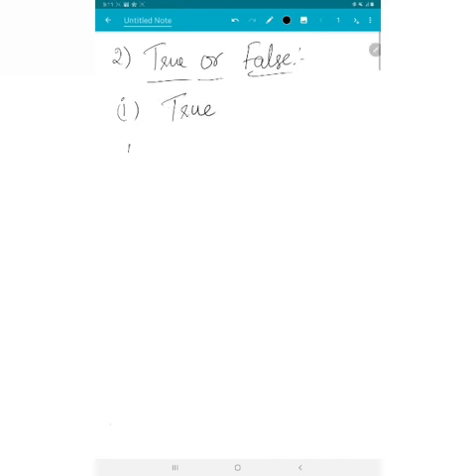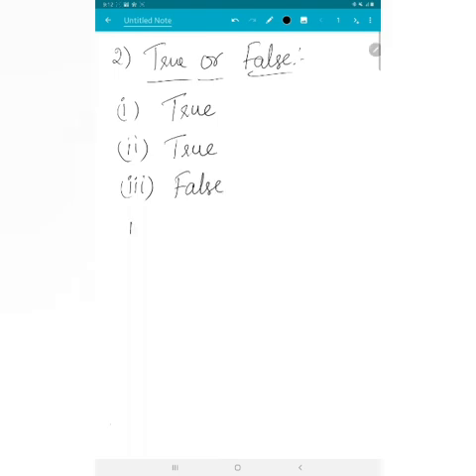Second question: a square number will not have an odd number of zeros at the end. Yes, it is true. Then the third one: the number of zeros in the square of 91000 is 9. No, definitely not.